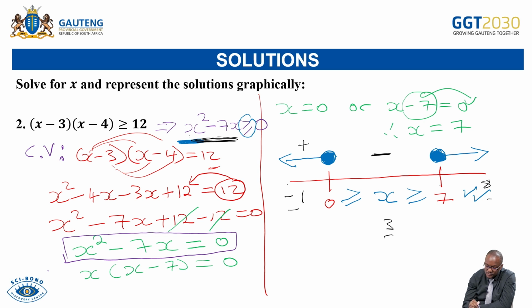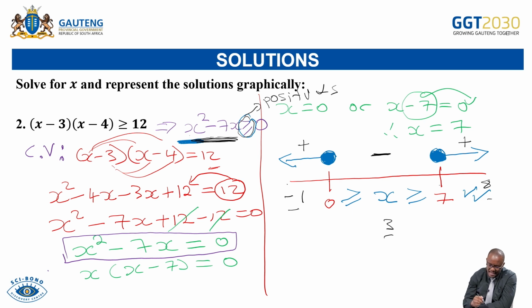And if you substitute 8, obviously it will give you positive. And remember, we are looking at greater or equal to, it means we're talking about positive numbers there. So at some point the teacher will explain it like that, but at the end of the day the answers are going to be the same.